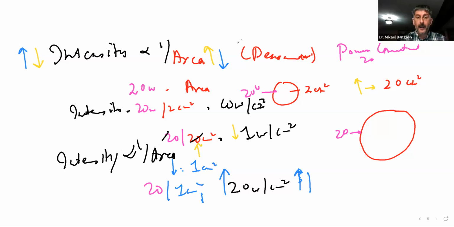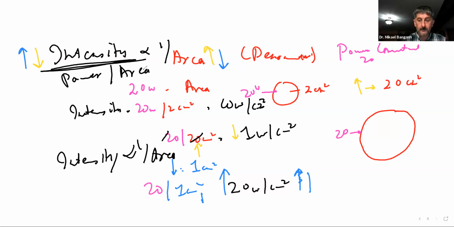Clear? And the unit of intensity is going to be the unit of power per unit of area.